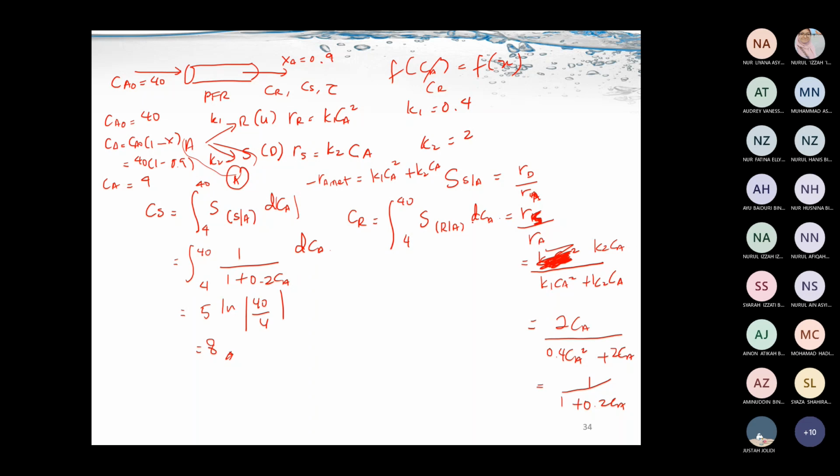Okay, so replacekan ni sekarang ni, ambilkan dia daripada untuk selectivity untuk R. So R adalah K1CA2 over with the this one lah A. A still remains CA2 plus with the K2CA dCA. 40 to 4.